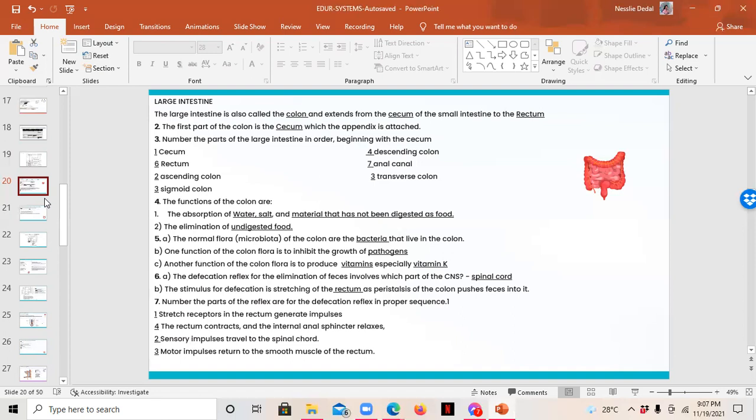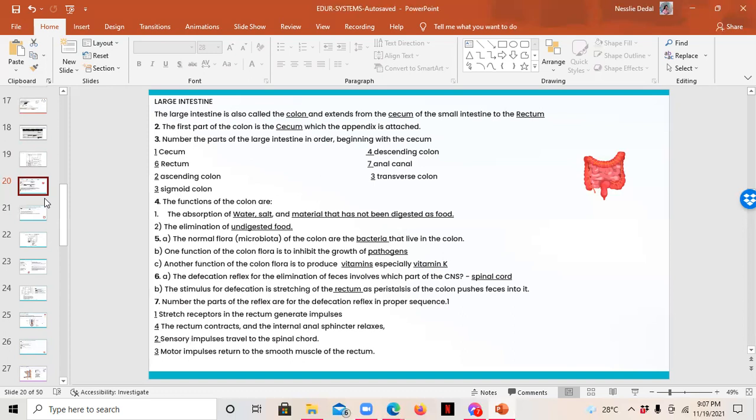Number 5, the normal flora or microbiota of the colon are the bacteria that live in the colon. B. One function of the colon flora is to inhibit the growth of pathogens.